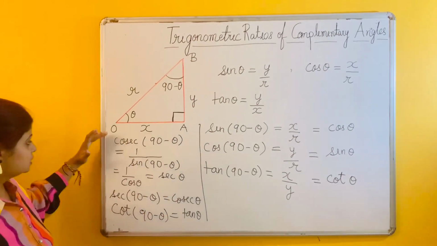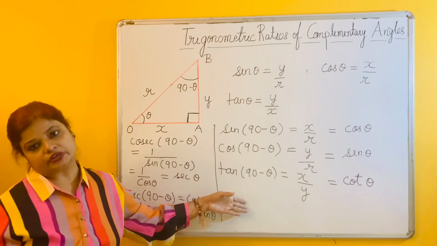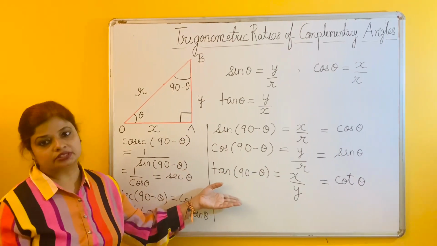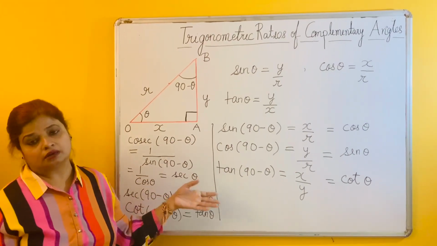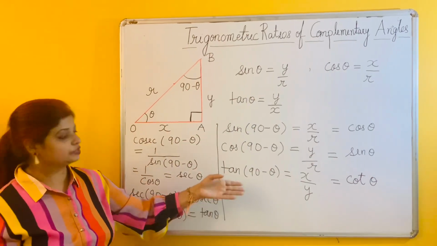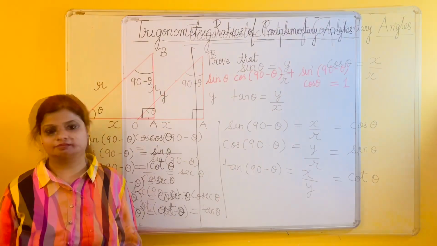So these are the identities which you need to remember for complementary angles. Now we'll be solving some questions based on this property, the trigonometric ratios of complementary angles.